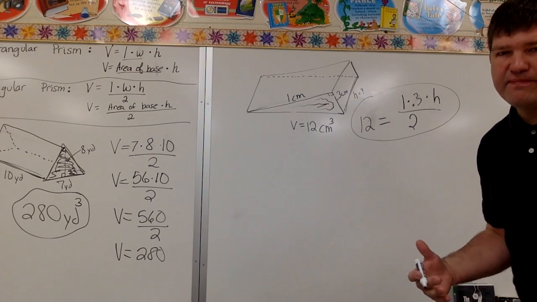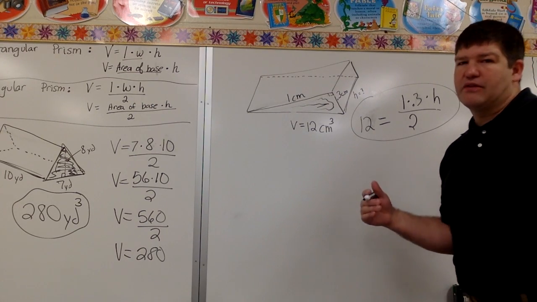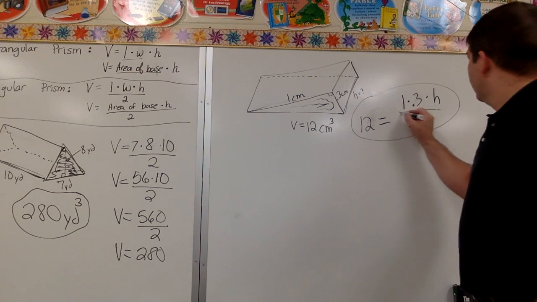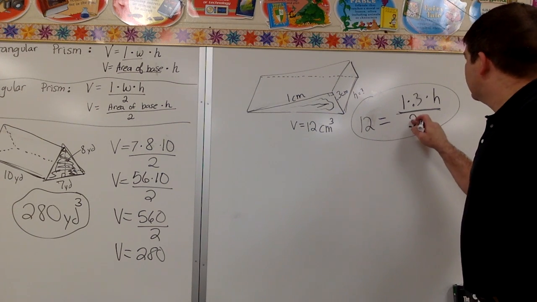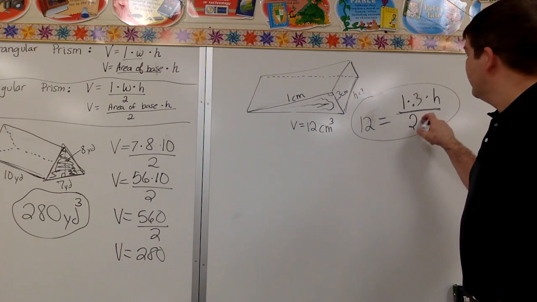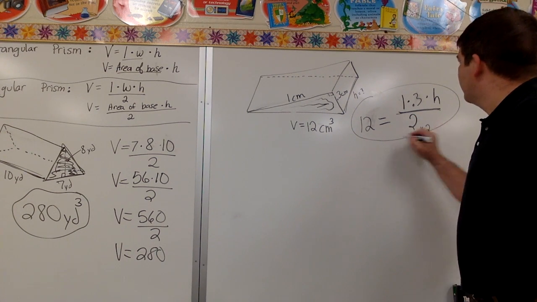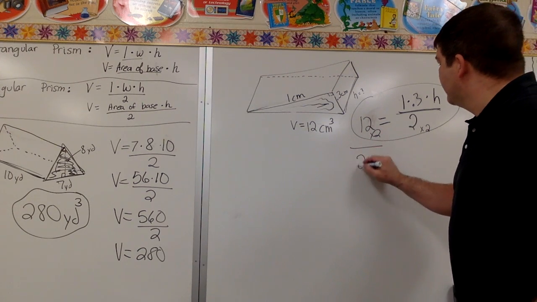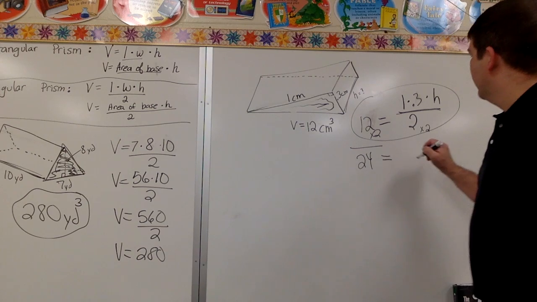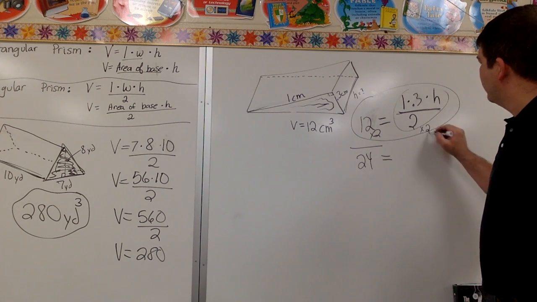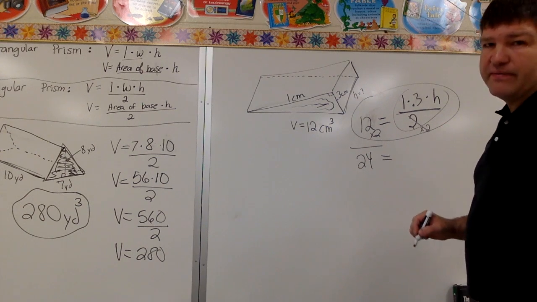This is the algebra. You have your equation. You just have to solve for the variable. So I start getting rid of things. Okay, I have all this divided by 2. So I do the opposite to get rid of this. So I'm going to times each side by 2. 12 times 2 equals 24 equals, now this whole thing times 2 is going to cancel those out.